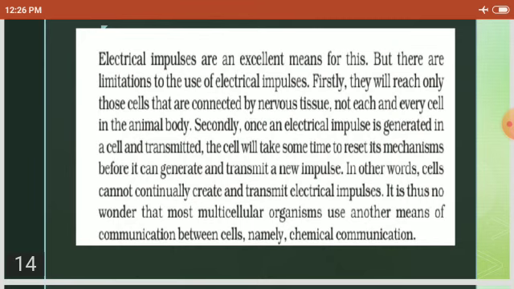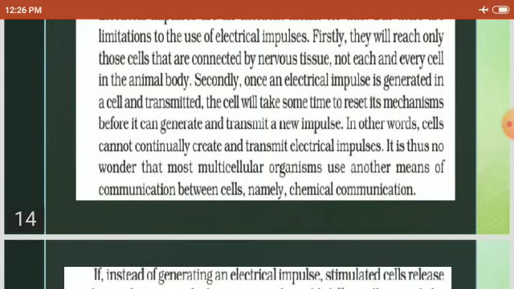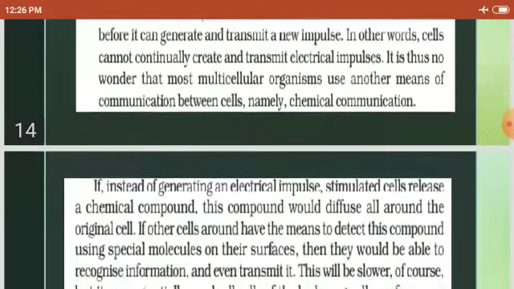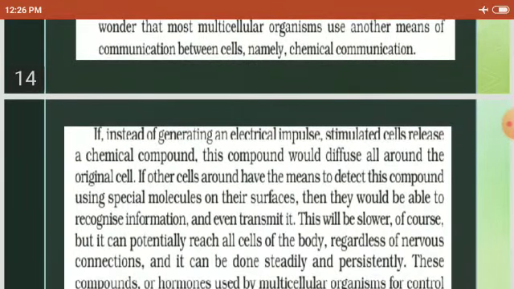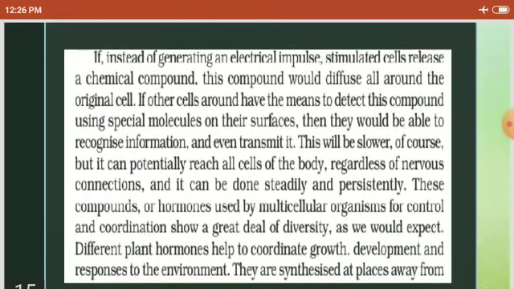It is thus no wonder that most multicellular organisms use another means of communication between cells, namely chemical communication. Instead of generating an electrical impulse, stimulated cells release a chemical compound. This compound would diffuse all around the original cell.